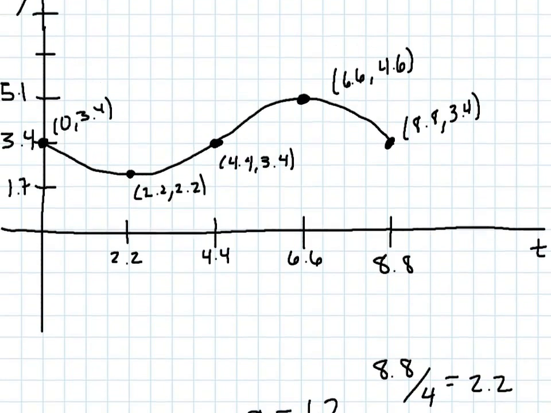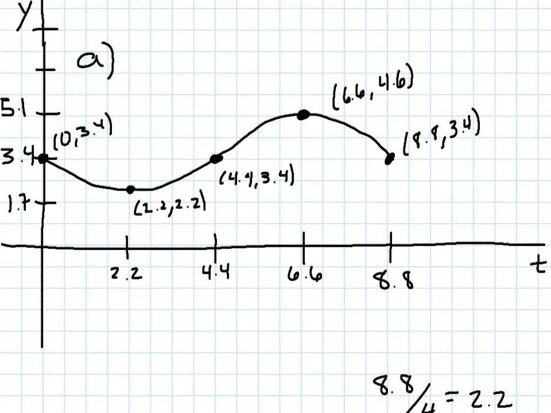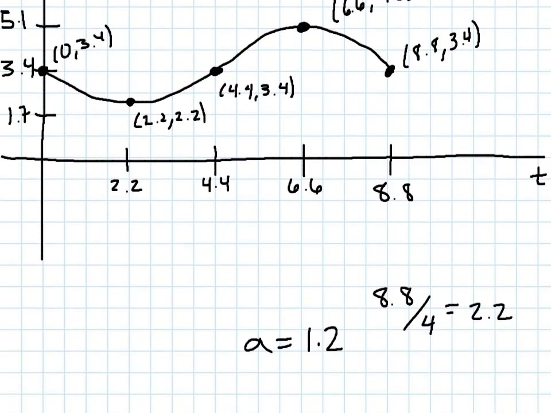So now for part A, so we graphed it, so that's that part, and now I want to be able to write our equation. So y equals, so thinking about which graph we're looking at. Now this one, since we're starting in the middle and either going down or up, we would probably use sine.